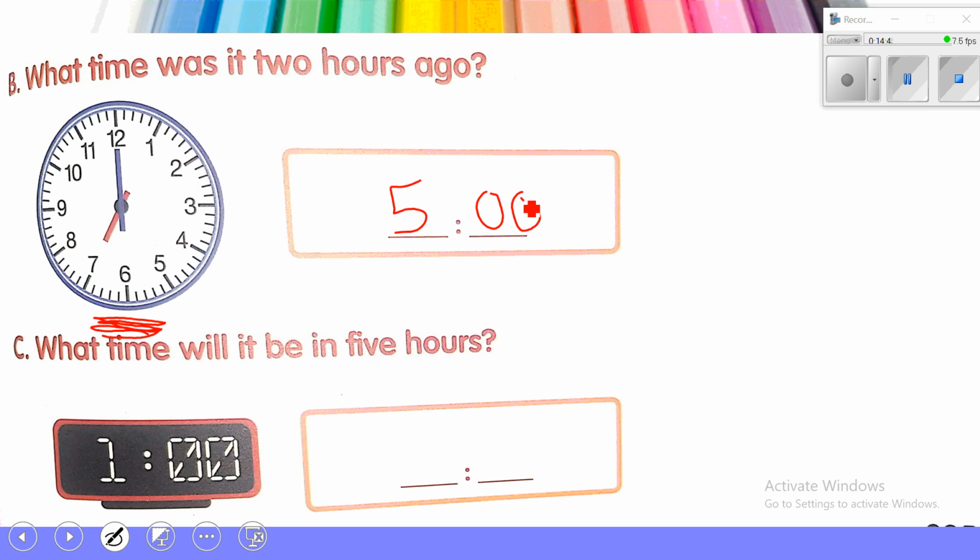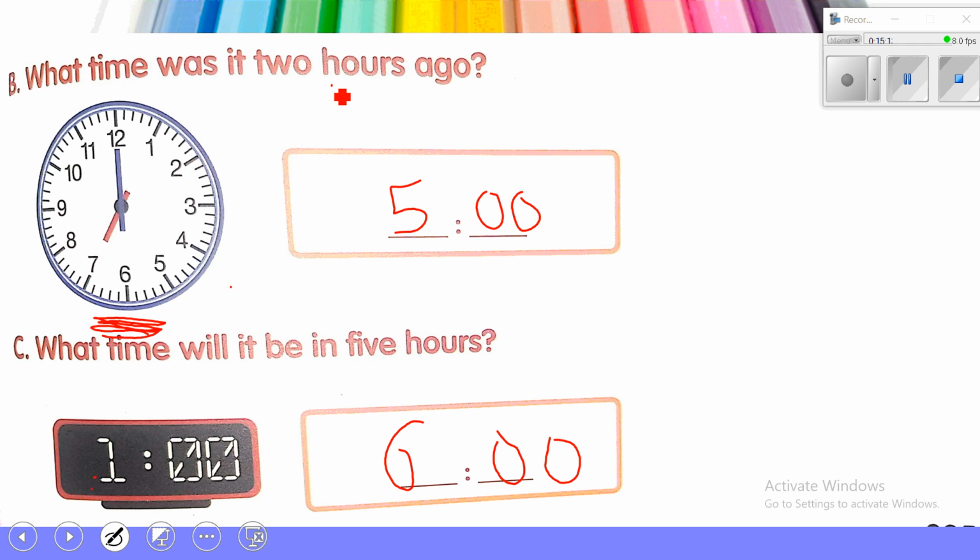Now the next, what time will be in 5 hours? Will be. So here I have 1 o'clock. 1 plus 5. Excellent. It's 6 o'clock. So again, here I want to find the time before 2 hours ago.